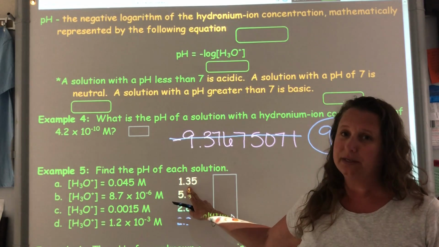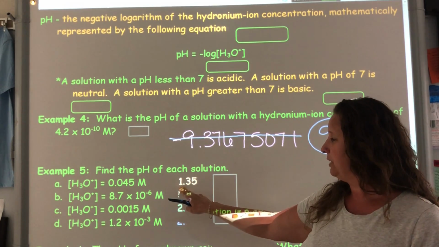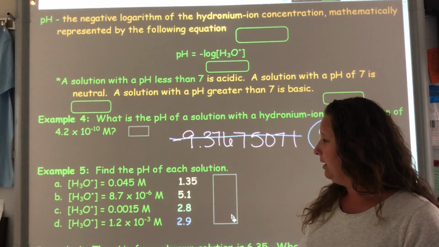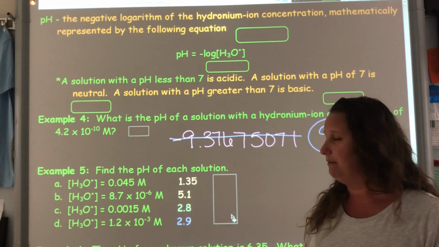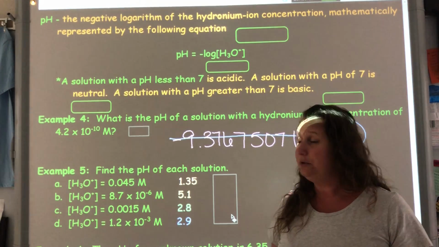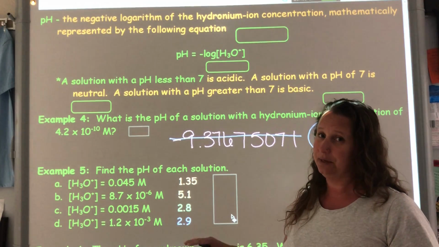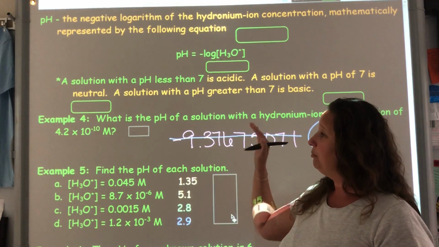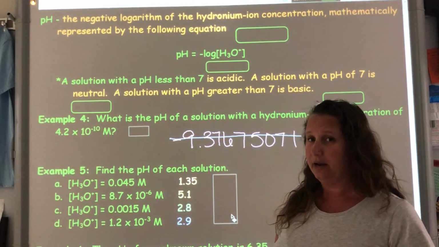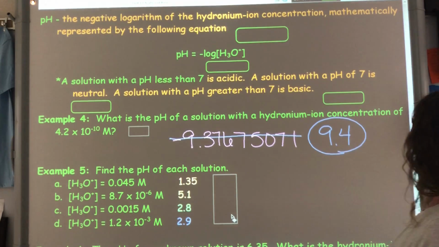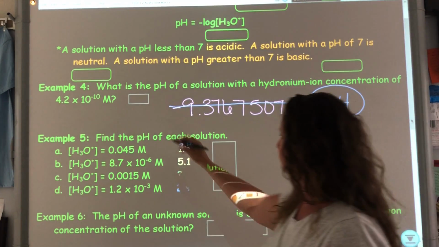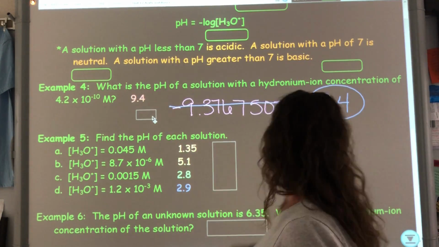Yes, I know this is incorrect significant figures. This should actually be 1.4. But everything else seems to have the correct number of significant figures. If you aren't coming up with those numbers, now is a good time to send me a message or go back and rewatch what I've done already. Oh, by the way, yep, 9.4, there we go.